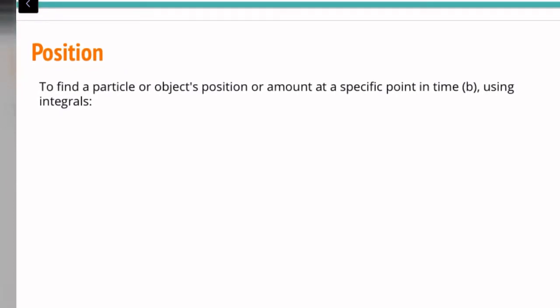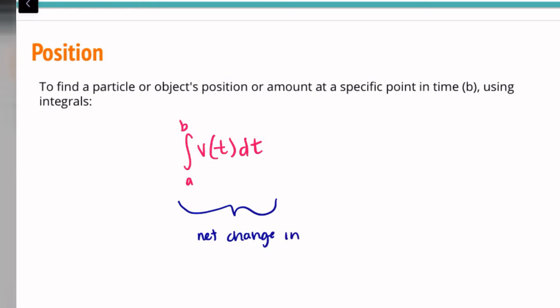Now, position. To find a particle or an object's position or amount at a specific point in time using integrals, let's say I want to find the position at B, and I'm given the starting point at A. So I know that the integral from A to B of v of t dt is going to give me the net change in position from A to B. So if I know how much it's changed, all I need to do is add wherever it started.